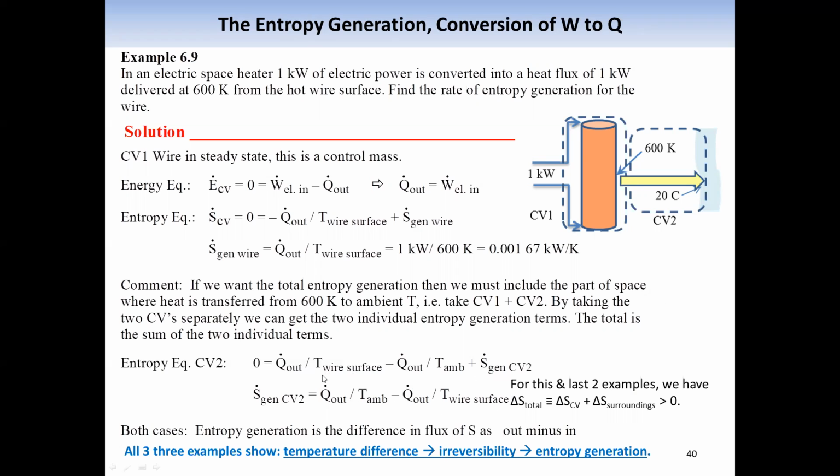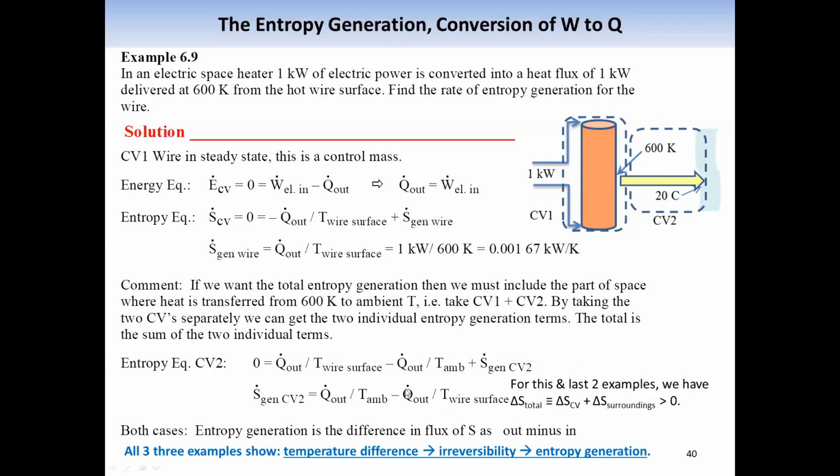So the wire surface temperature is considered the temperature of the control surface. The second term is associated with heat transfer to the big reservoir, and the reservoir temperature will be used in the denominator for the second heat transfer term. Then moving the entropy generation term from the right to the left, we get a combination of these two terms.